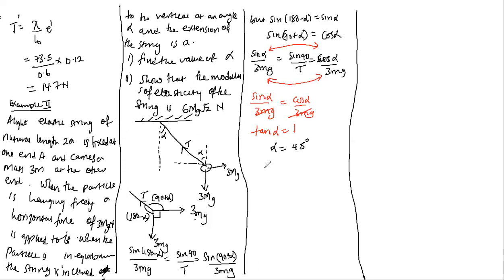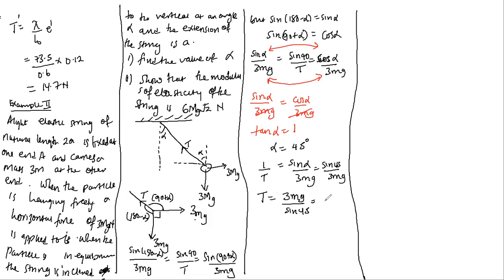Sine of 90 is 1 over the tension, which shall give me sine of alpha over 3 mg. But sine of alpha is sine of 45 over 3 mg. So when I cross multiply, the tension will become 3 mg over sine 45.